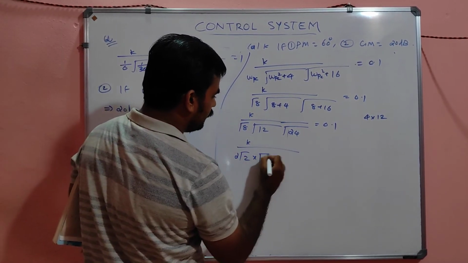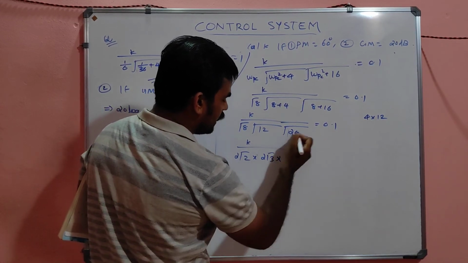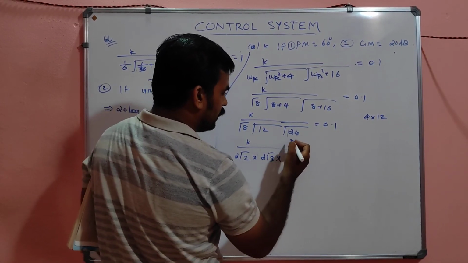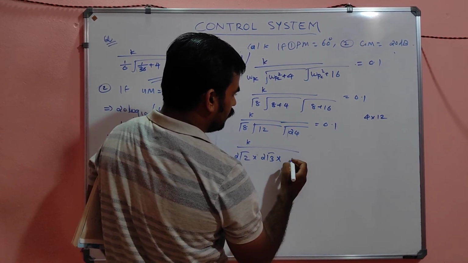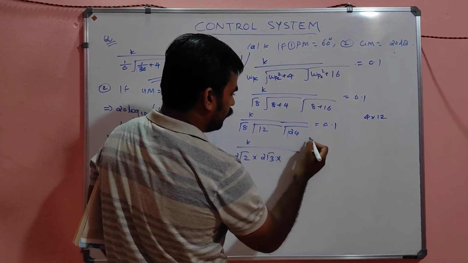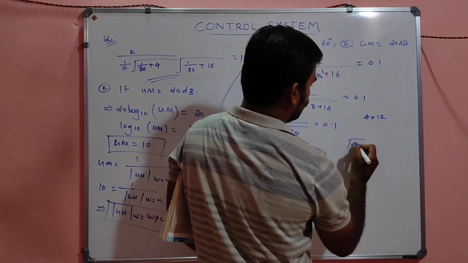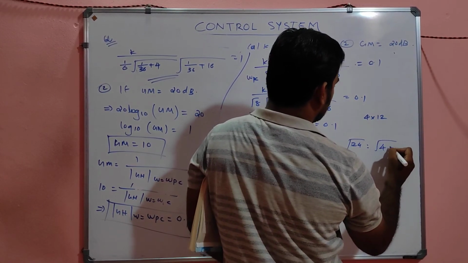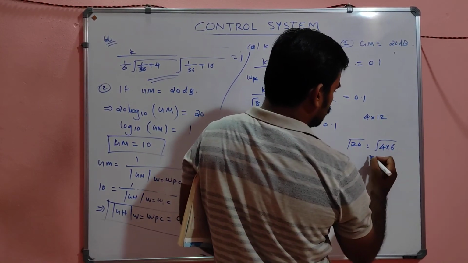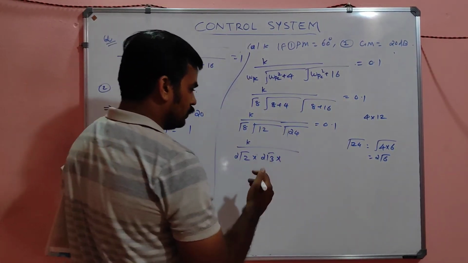This can be written by 4 into 3, 2 root 3. Root 24 can be written as root of 4 into 6, so it will be 2 root 6. 2 root 6 you can take, right?